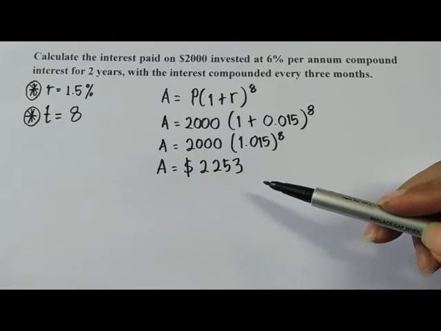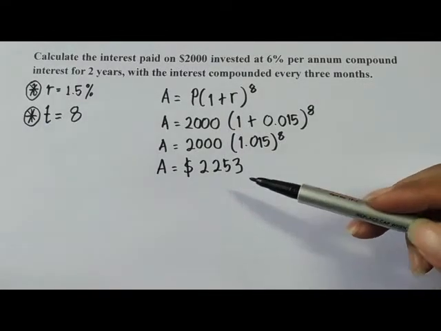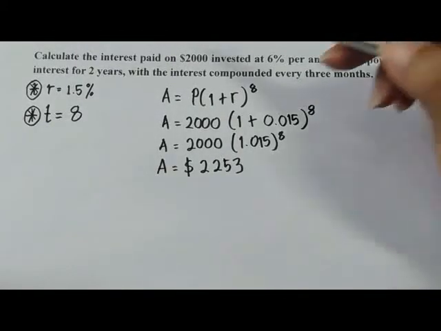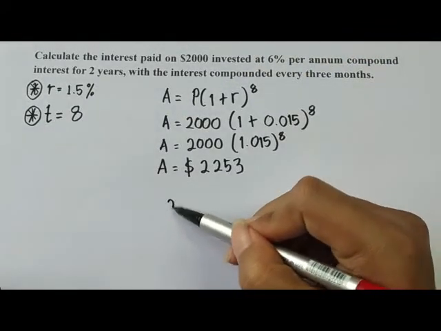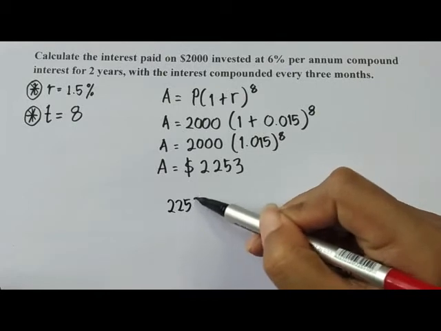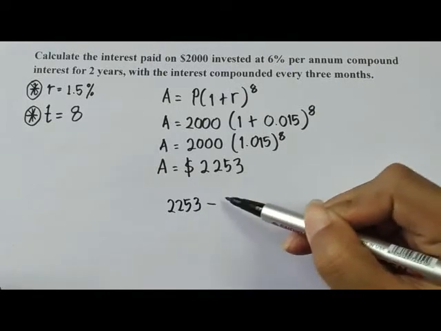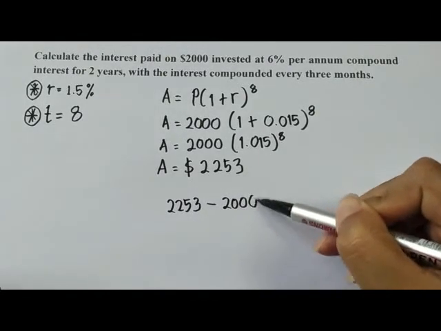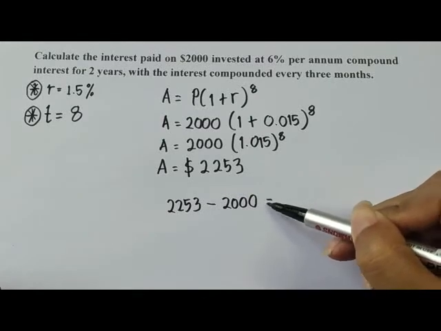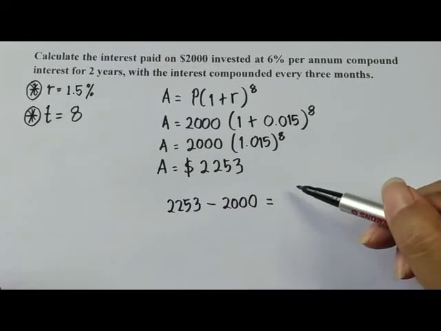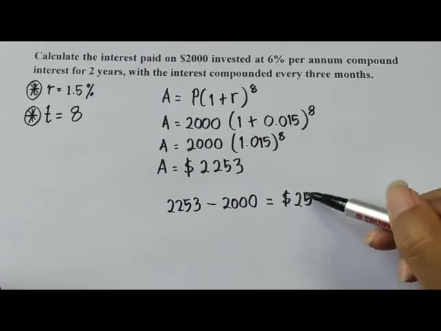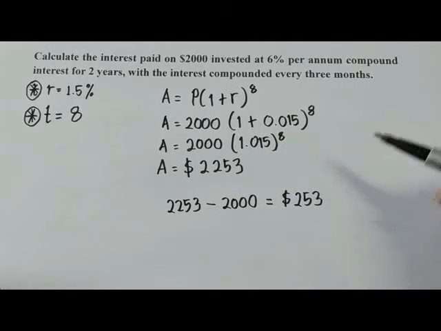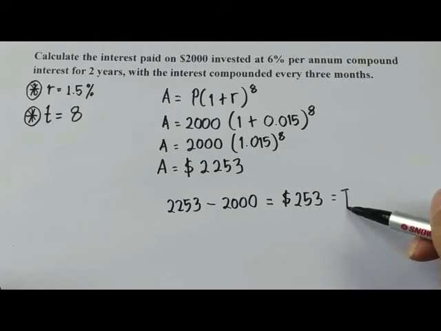So in order to find the interest, we subtract this number from this. $2,253 subtracted by $2,000, you will find the compound interest. So the compound interest is equal to $253. This is equal to the interest.